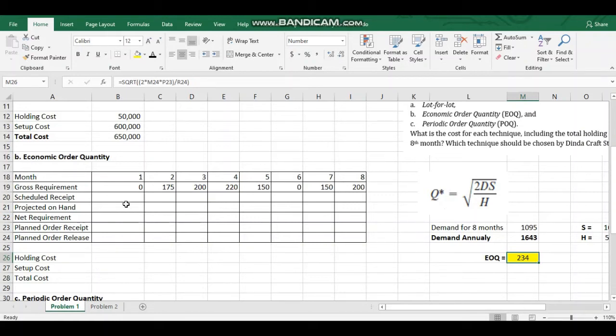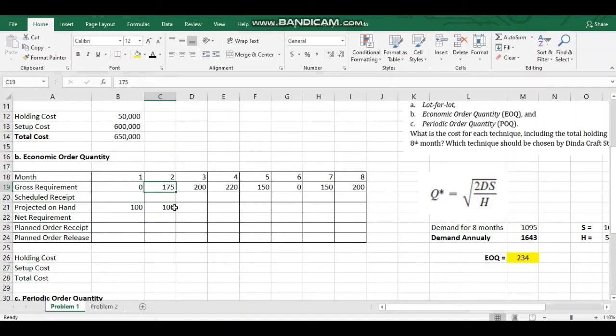Okay, let's do it. The projected on hand is the beginning inventory, 100, just like before. Since we have no requirement in the first month, this inventory is not used and will be carried to the next month. So in the second month we have 100 units as our inventory, and the net requirement is still the same because our inventory is only 100 while the requirement is 175 units.